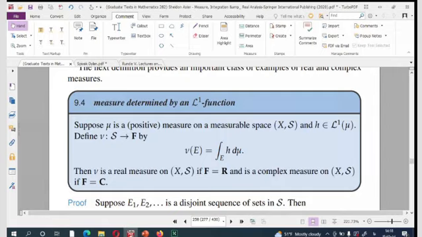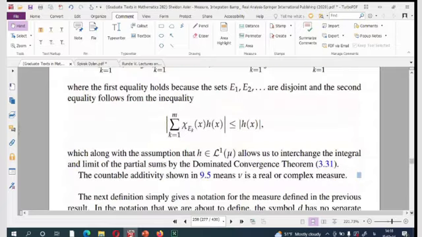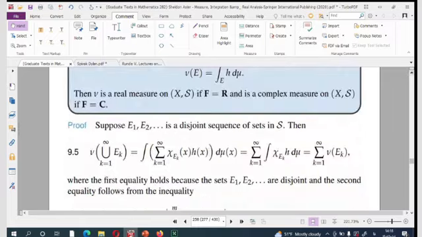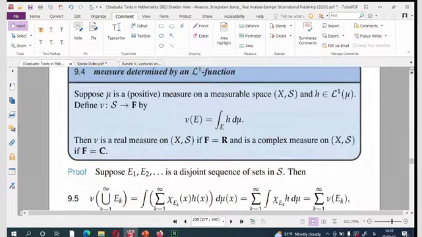We consider a positive measure and define a real or complex measure by this equality. And this proof is very easy, but this proposition is very important.